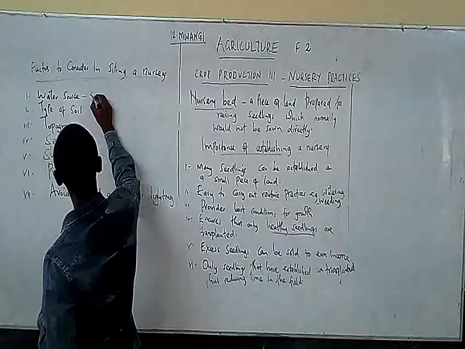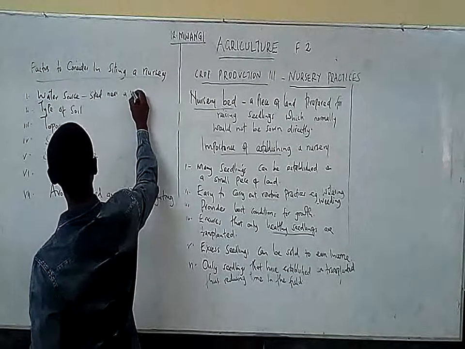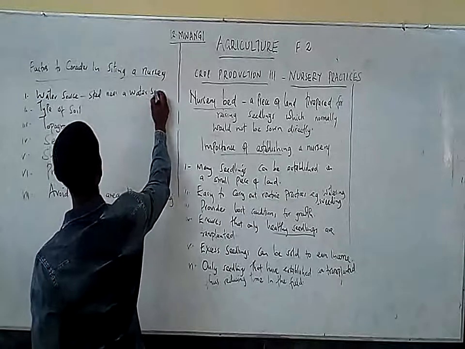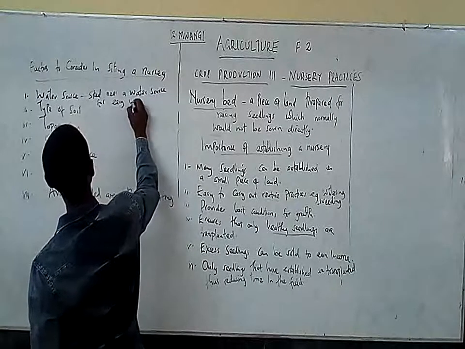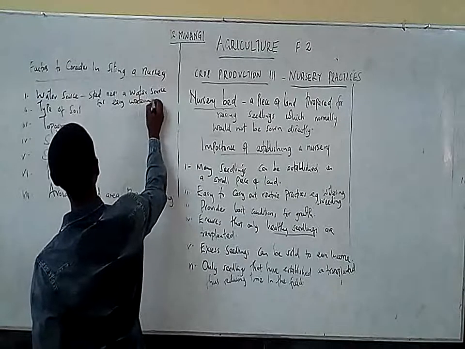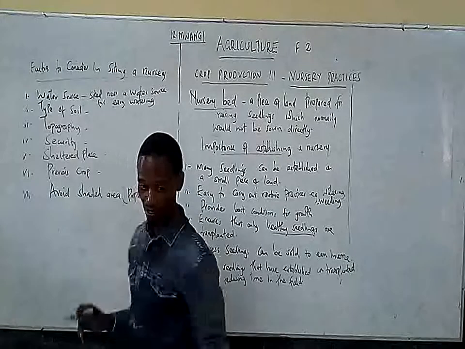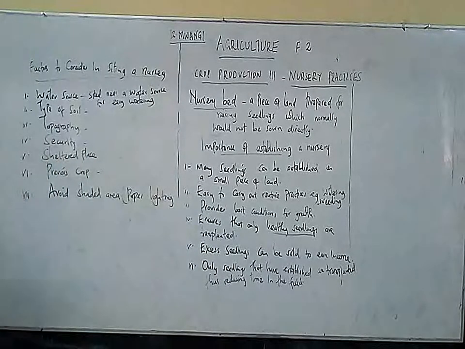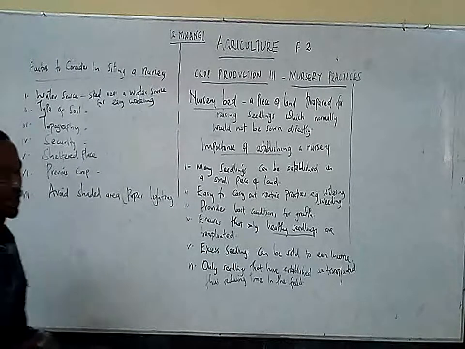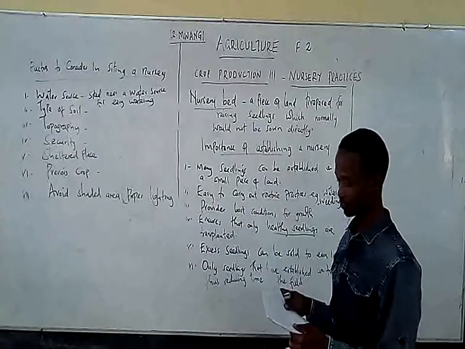The nursery should be sited near a water source, for example near a river, near a borehole, or near a tank or a water reservoir, for easy watering. Remember, in the nursery you have to water very early in the morning and then in the evening regularly. If the source of water is very far, you will not be in a position to water your nursery every day or at the appropriate time.